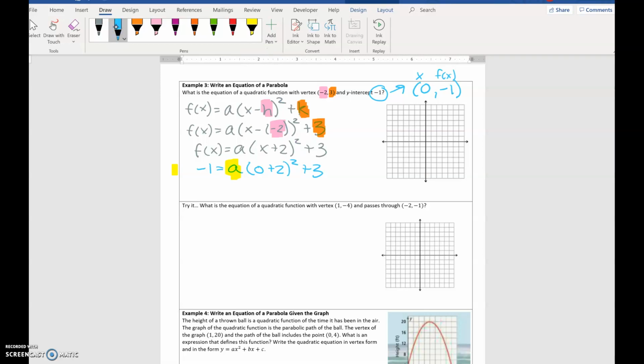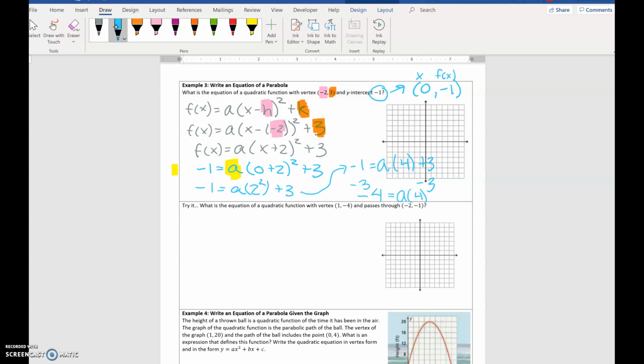So let's keep going. We have -1 equals our a, and then (0 plus 2) squared would be 2 squared, plus 3 still. So now we have -1 equals a times 4 plus 3, since 2 squared is 4. Subtract 3 on both sides, so now we have -4 equals a times 4.